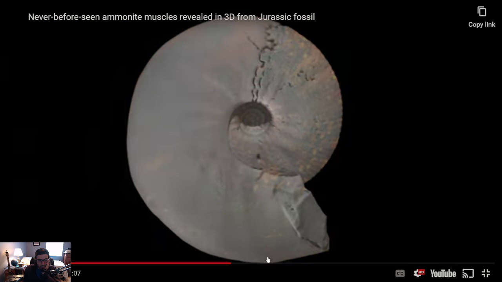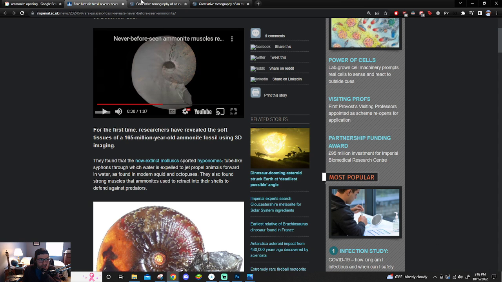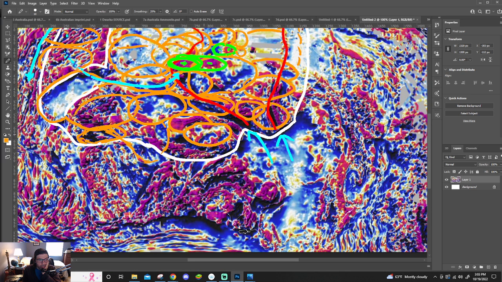This was the chamber where the Ammonite lived. I mean, that really does point generally to the final chamber there.